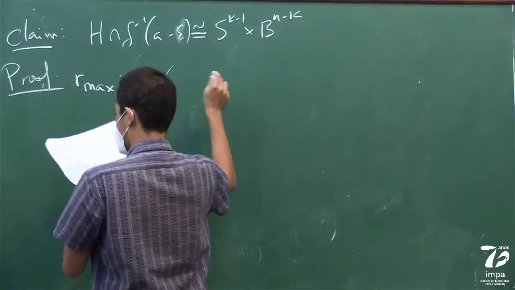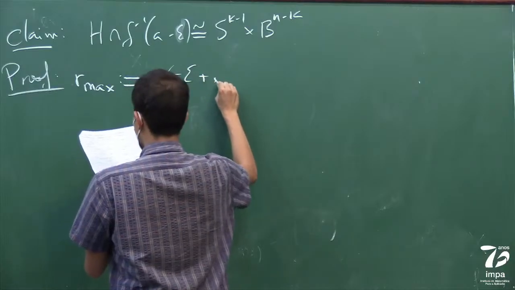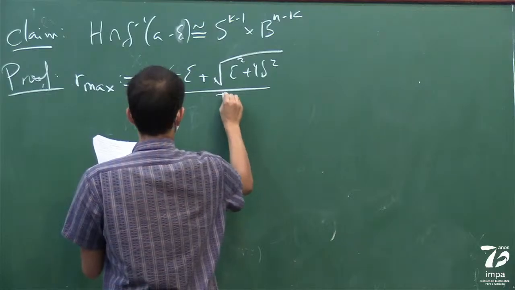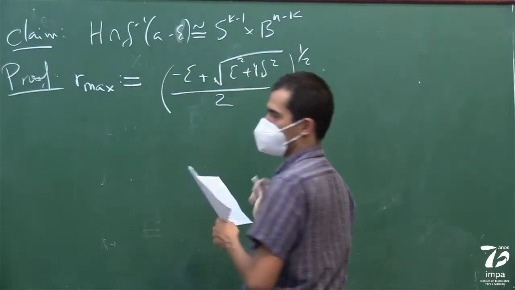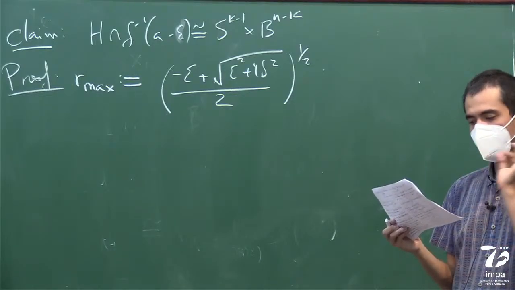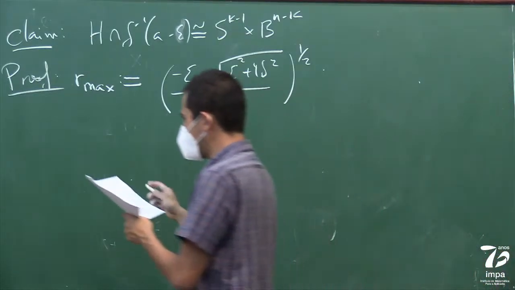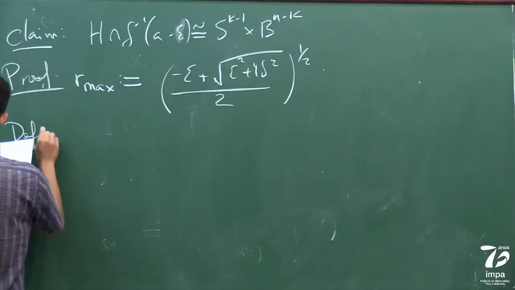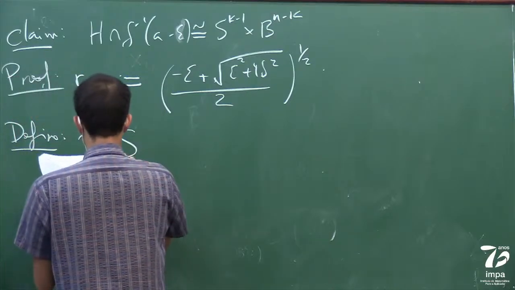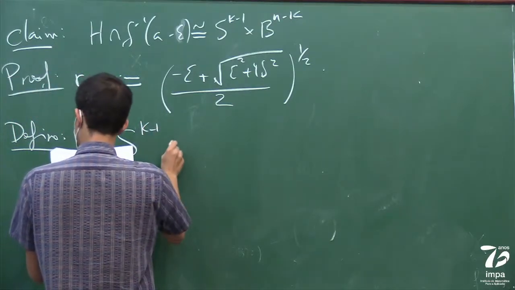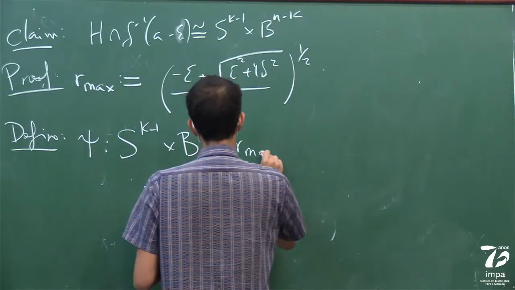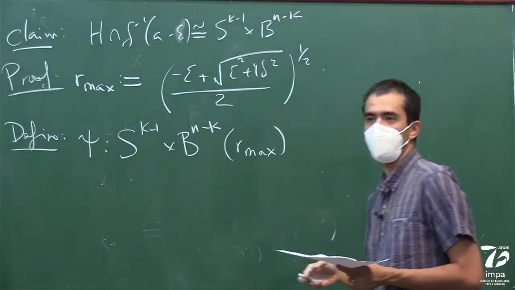I'm going to write it down. Minus epsilon plus the square root of epsilon squared plus 4 delta squared, over 2, to the 1/2. So that's the maximum value of y that's attained. So now you define your diffeomorphism. So it goes from, so usually when you don't write the radius, you just mean radius 1.